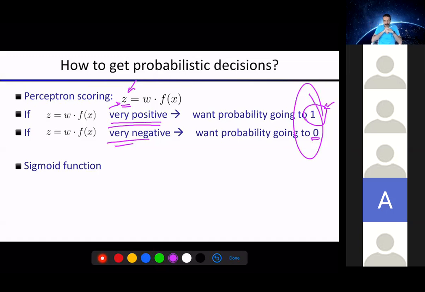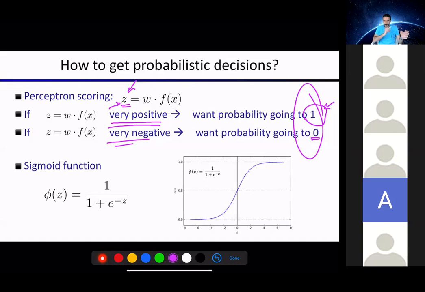So in mathematics, we have the sigmoid function that gives us this transformation. This is how it is represented. If you go to positive infinity, it will converge to 1, and to minus infinity it converges to 0. This is the mathematical representation. This is the exponent, right?